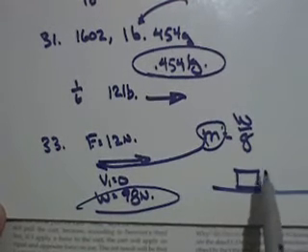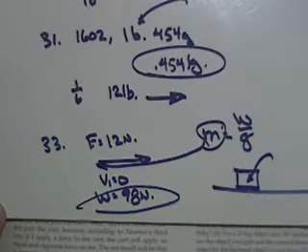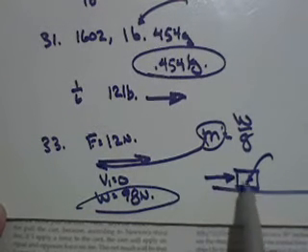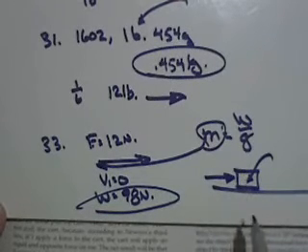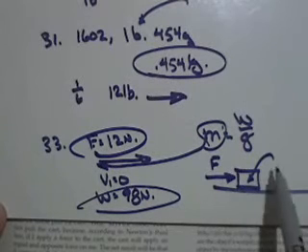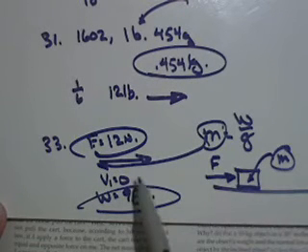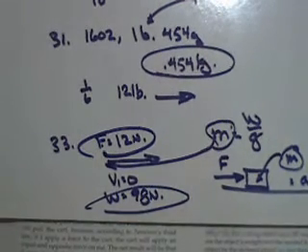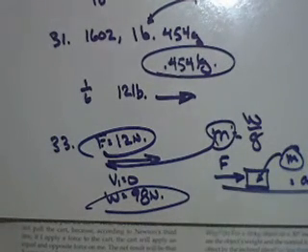Well, its weight would be different, but wouldn't its mass be the same? And if I push horizontally, I'm not trying to lift it against gravity, so I don't care about its weight. So whatever the force is, which would be the same, and whatever the mass is, which would be the same, will produce the same acceleration. All right, there's a few of the homework problems from that section.